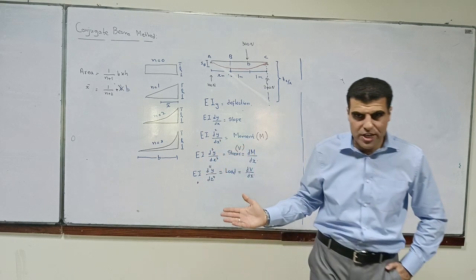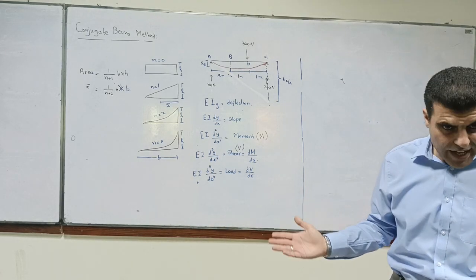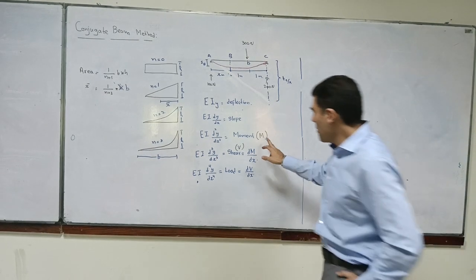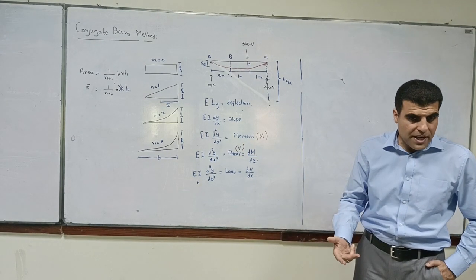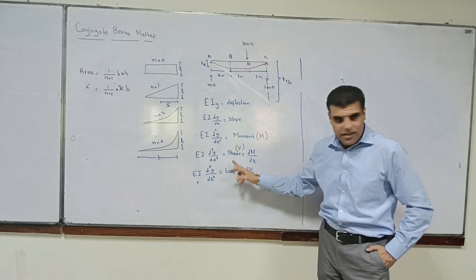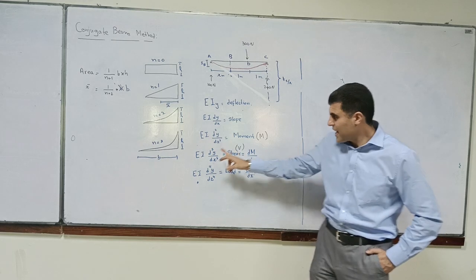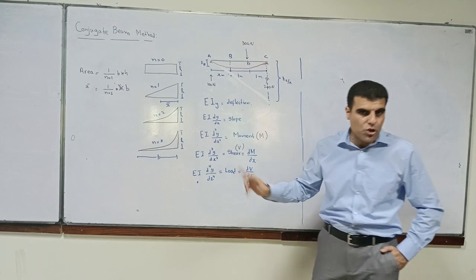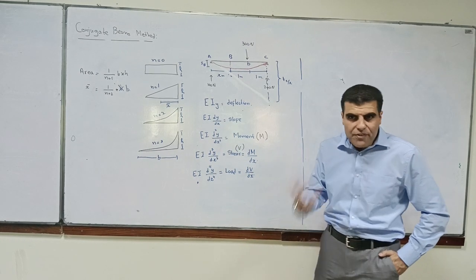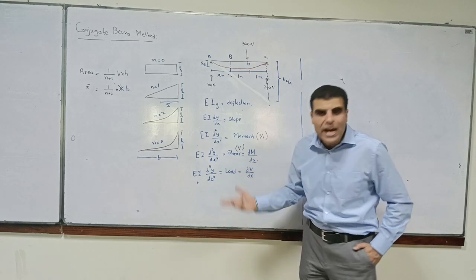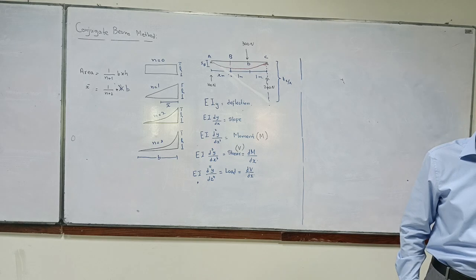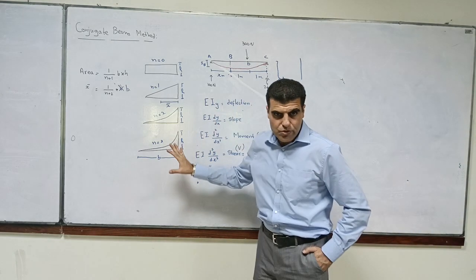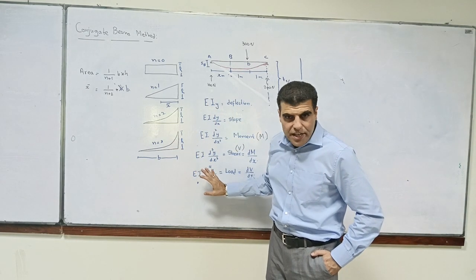We have derived this equation, haven't we? Now if you differentiate the moment, dM by dx, that's shear. So EI d cube y by dx cube is shear. And if you differentiate the shear, you get the load. Agreed? So this is familiar to you.